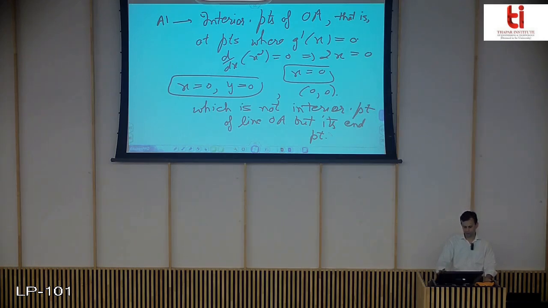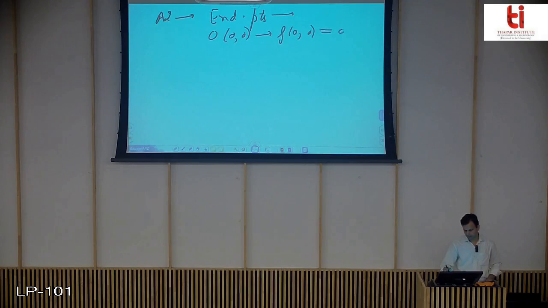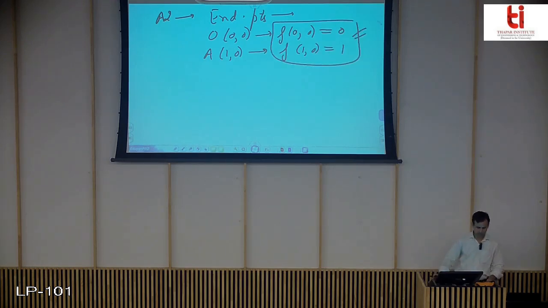So what is left is the endpoints. The endpoints are (0, 0), where the value of the function is 0, and the other point A, that is (1, 0), where the value comes out to be 1. These are the two values we found for the extreme values.